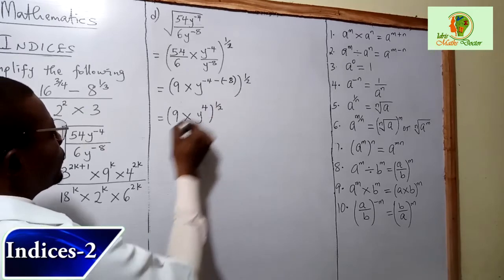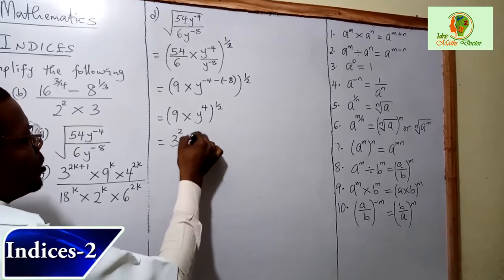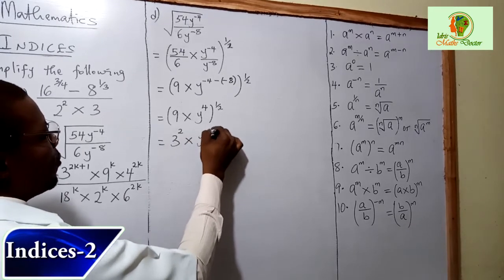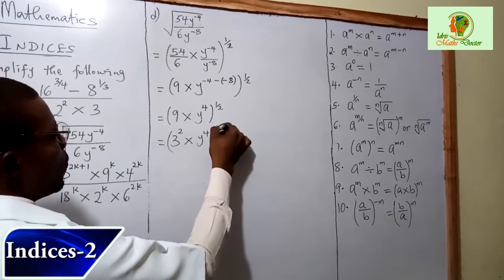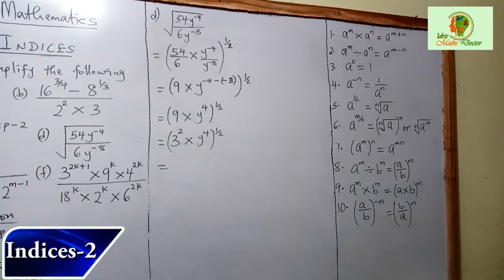The 9 is the same as 3 raised to power 2 times y raised to power 4 now, all raised to power 1 over 2. Remember, there's a law that states that if you're having two powers, one inside the bracket and the other outside the bracket, we do what? The powers will multiply each other.